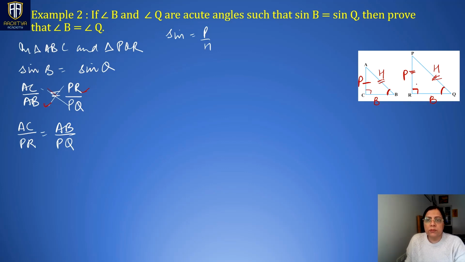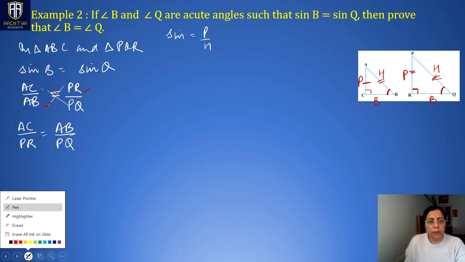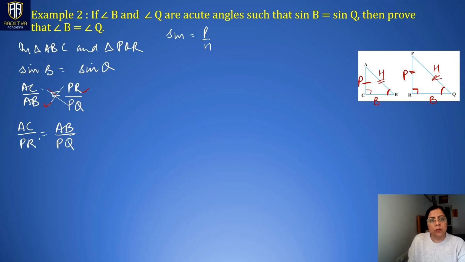Now I have to look for something so that these two triangles become similar. I have to prove angle B is equal to angle Q. For that, I am trying to prove them similar so that B automatically becomes equal to Q. I hope my objective is clear. So now, in triangle ABC, I'm using Pythagoras theorem.